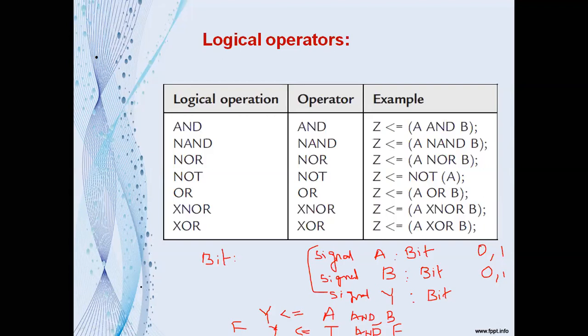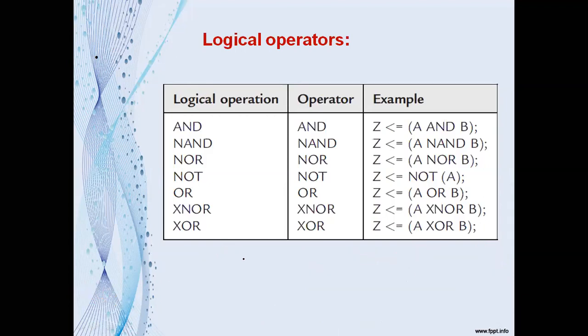So now take a one-dimensional array here. How to declare the one-dimensional array? I am declaring a signal. A is a signal.